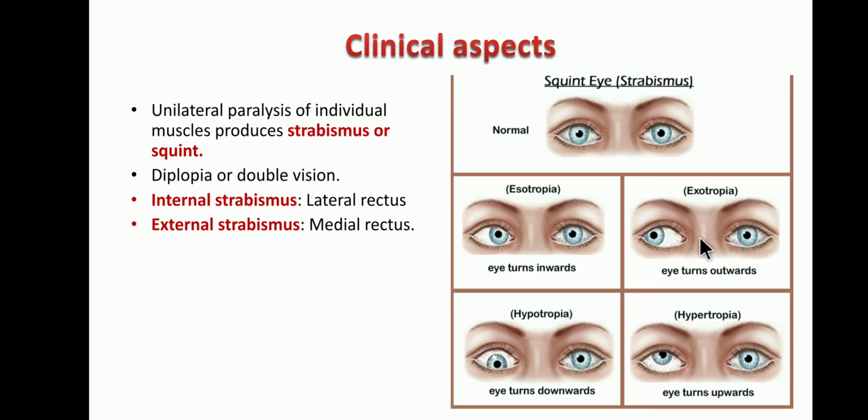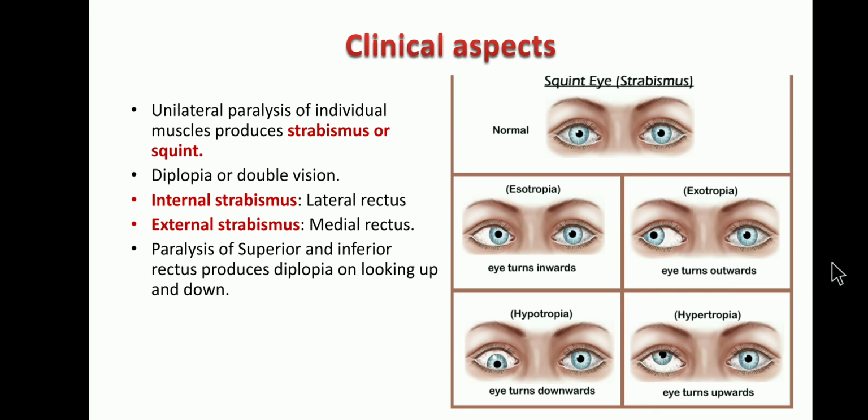If the medial rectus is paralyzed, then due to the unopposed action of the lateral rectus, the eyeball is pulled laterally. Now diplopia or double vision occurs when you try to look at the sound side. When you try to look at the sound side, naturally you get diplopia or double vision.